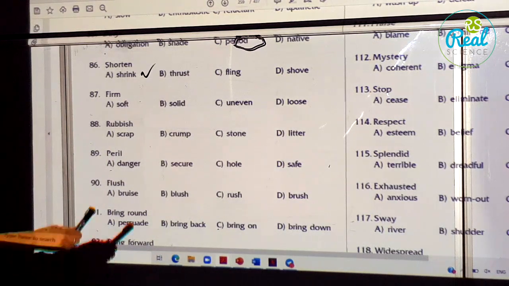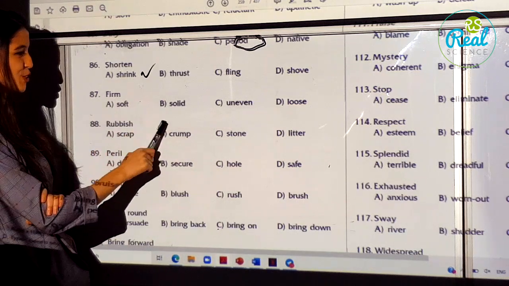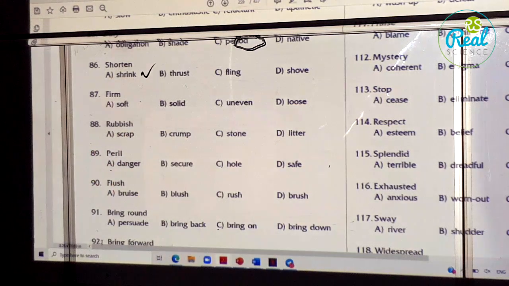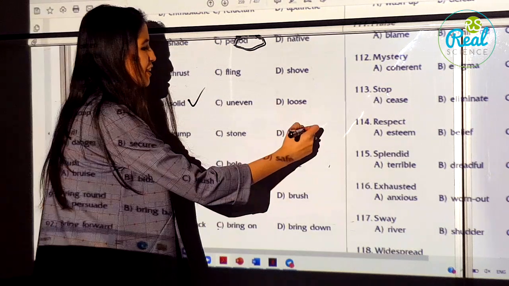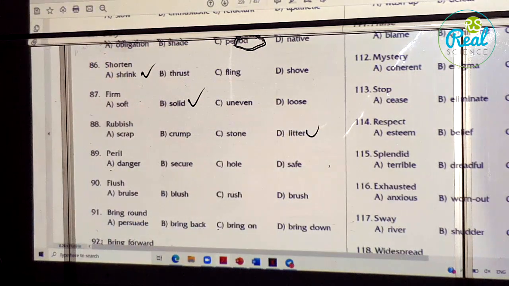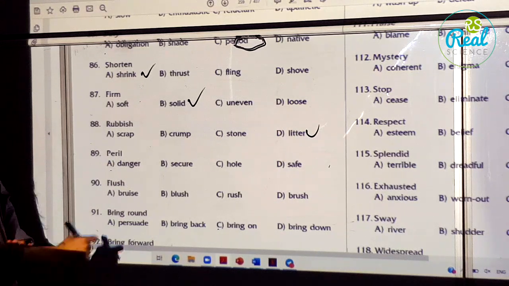Thank you. Okay, firm, soft, solid, uneven, or loose? Solid. Are you sure? Yes. Well done. Rubbish, scrap, crumb, stone, or litter? Litter. Peril, danger, secure, whole, or safe? Danger. Great.